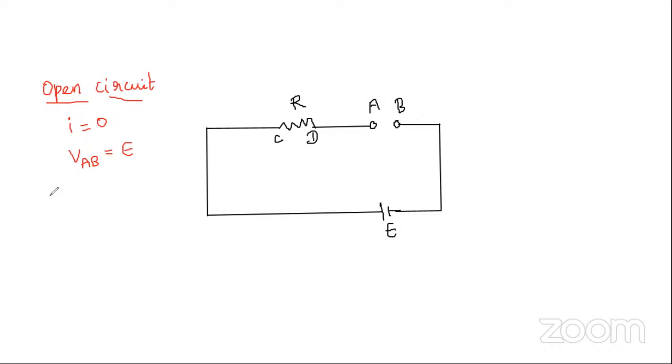So the cell is open, so in general, the formula is V equal to E minus IR. Since the current is 0 here, we actually get V equal to E. So this is what happens in case of open circuit.